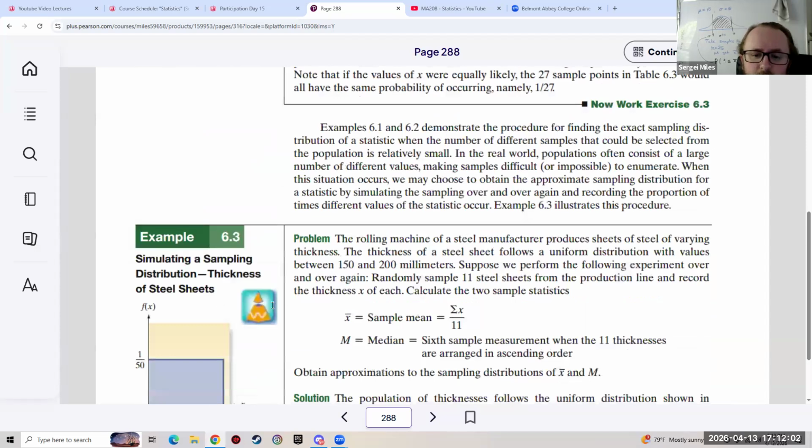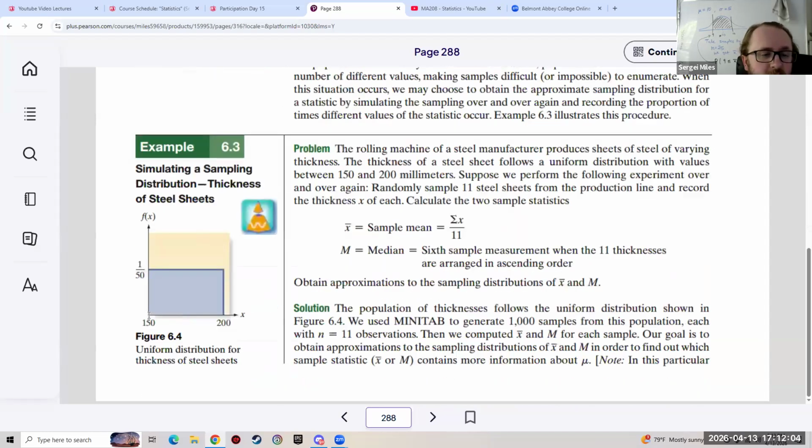This machine is supposed to produce steel between 150 millimeters and 200 millimeters. If I'm getting an average with a high frequency that is way off, that's telling us there's something wrong with the machine, which on this scale, millimeters, we might not be able to tell with the naked eye. A millimeter is not that big.